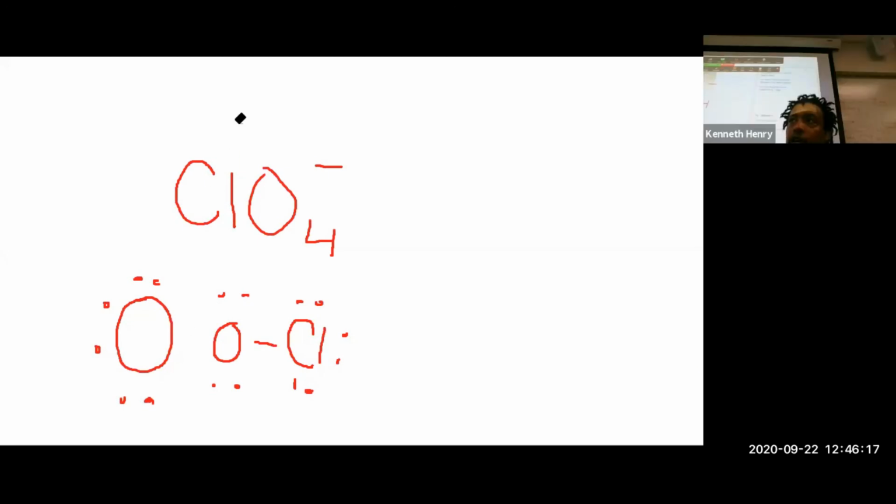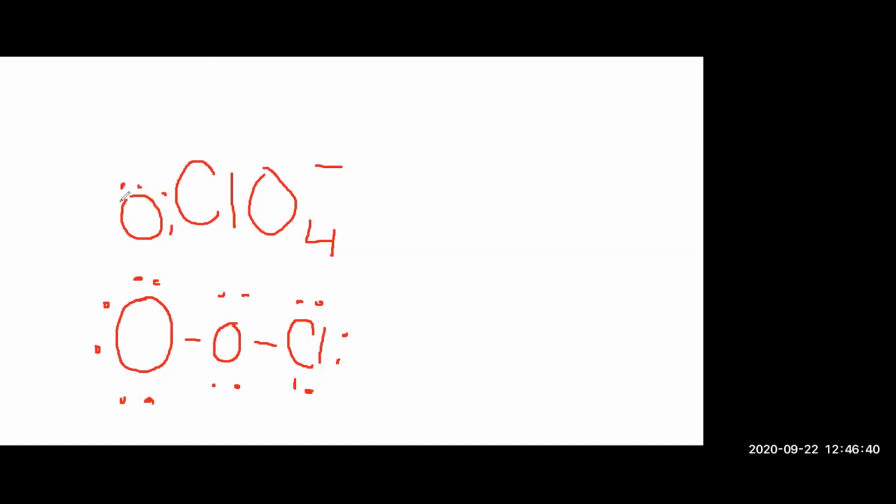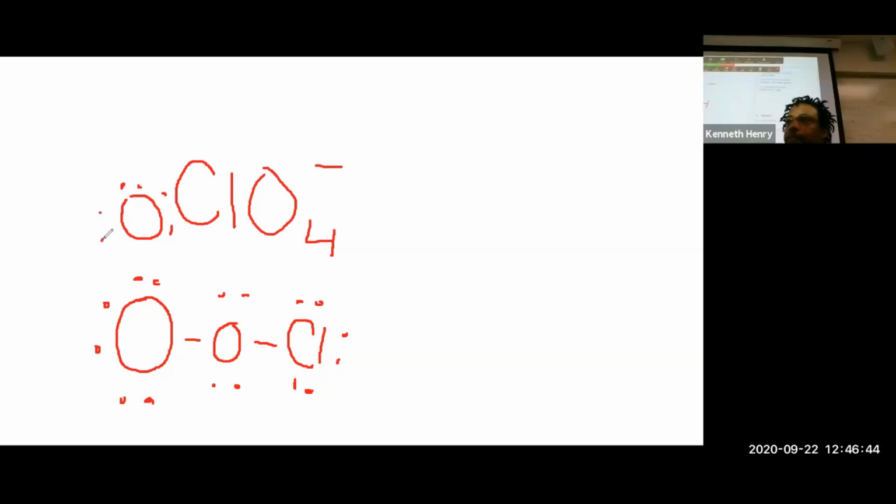So this one would give us our second bond. And then we have 1, 2, 3. So the next oxygen would go right on top of the other oxygen, right? Yep. So 1, 2, 3, 4.